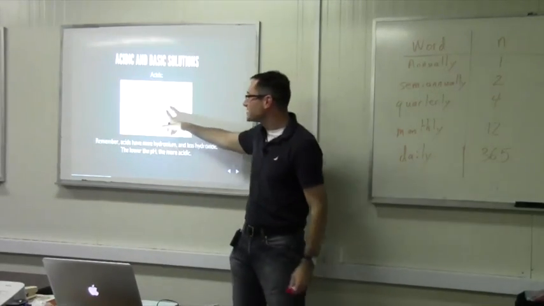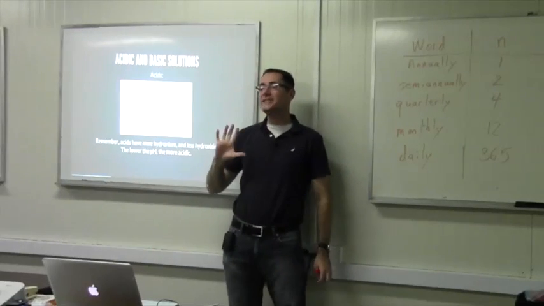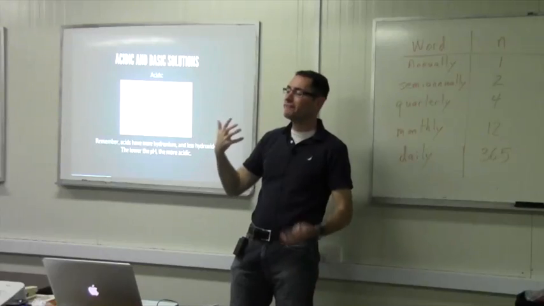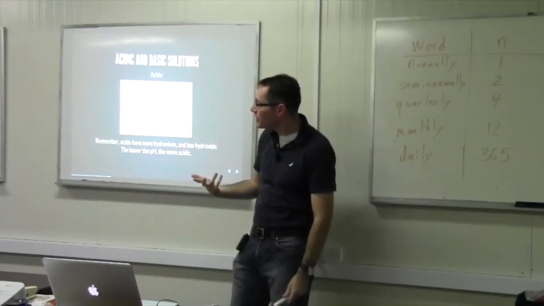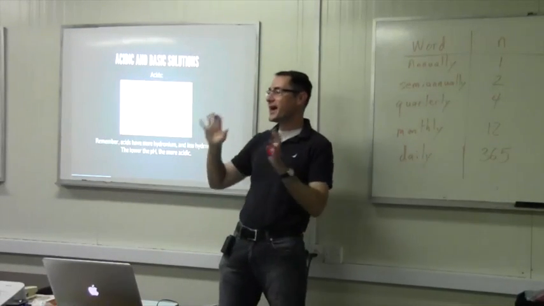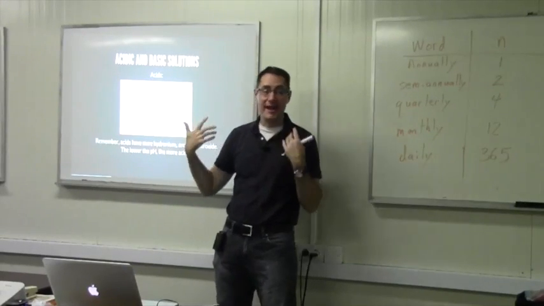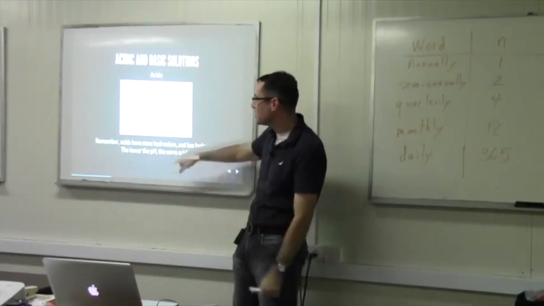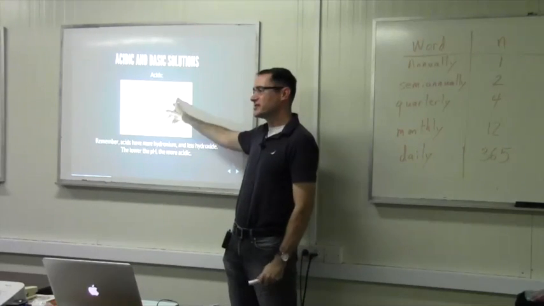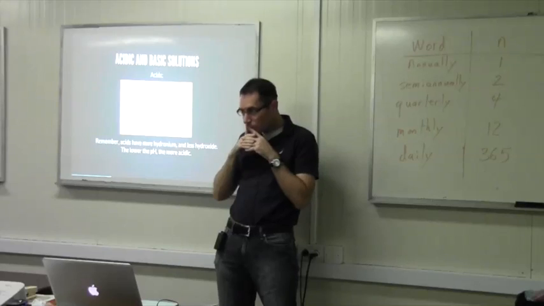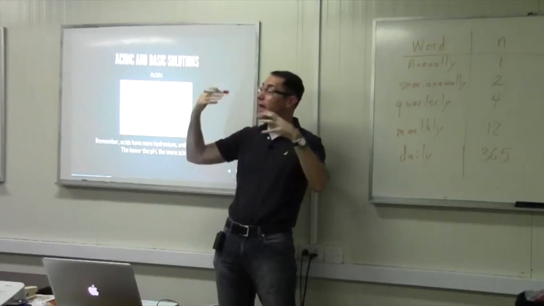But if you look at acidic solutions, acidic solutions have more hydroniums. Why do they have more hydroniums? Because the acid's donating more protons to those H2Os, so you get H3O pluses. Well, what's a bigger number, 10 to the negative 7 or 10 to the negative 5? 10 to the negative 5 is actually a bigger number.